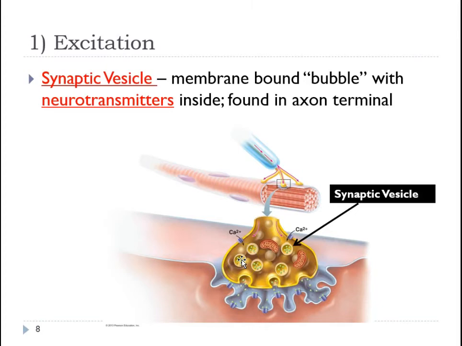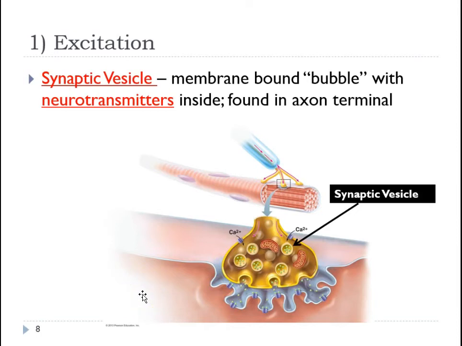Exo means to exit. Cytosis means sort of this little bubble that it's formed. And what's going to happen is these bubbles will sort of merge to the end of the axon and spill out these neurotransmitters. And these neurotransmitters are going to go into the muscle and then do some sort of action.